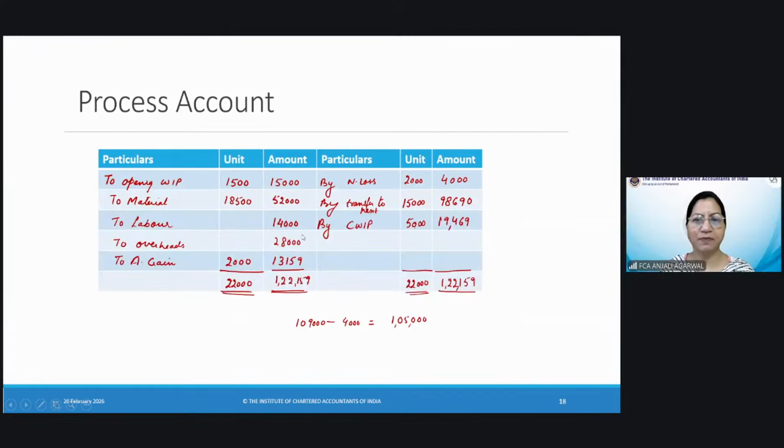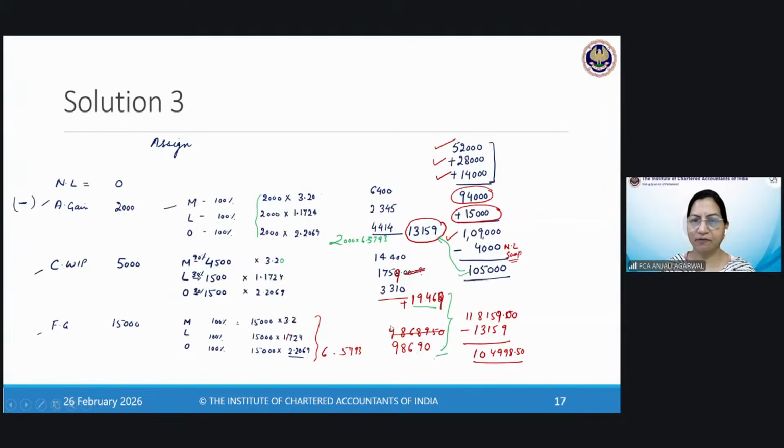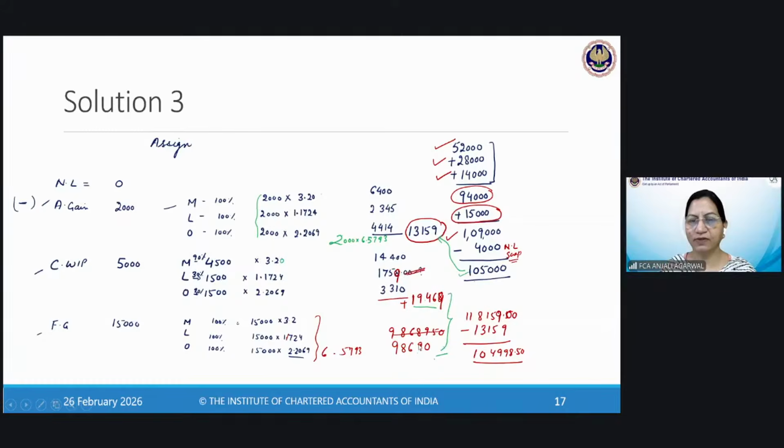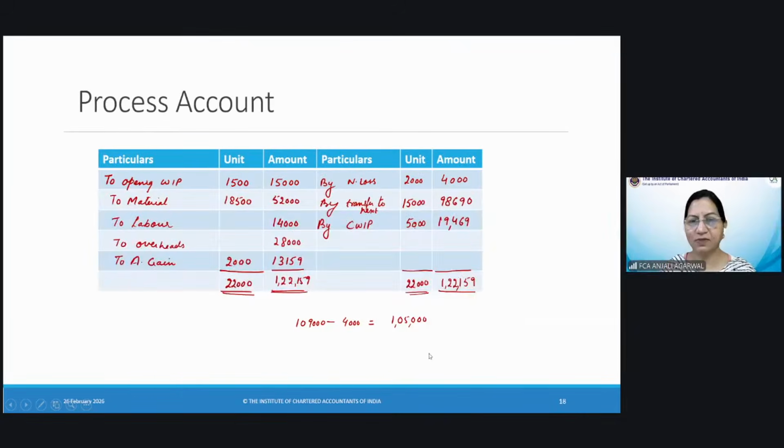Then you can easily prepare your process account once you have adjusted the rounding off in this statement itself. And you have also verified your answer twice, that the totals of the figures are coming out to be this much, and they should match in the total figures also.